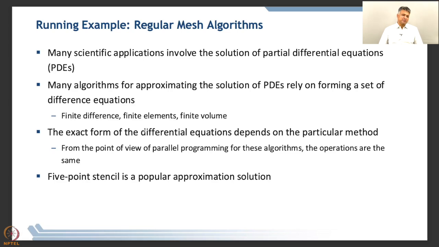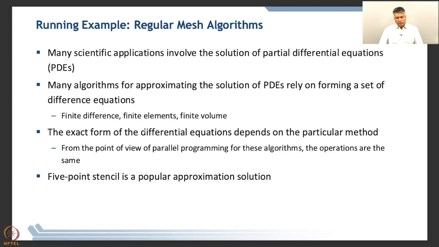What these approximating solutions essentially do is turn the set of continuous partial differential equations into a set of algebraic equations. The form of these equations obviously depends on the particular method, but from a programmer's view, they are essentially the same, in the sense that they are a set of simultaneous linear algebra equations which we need to solve, typically over a large number of unknowns.